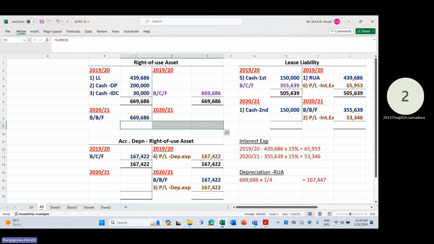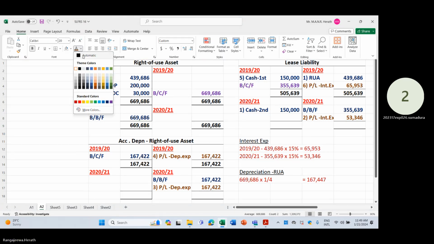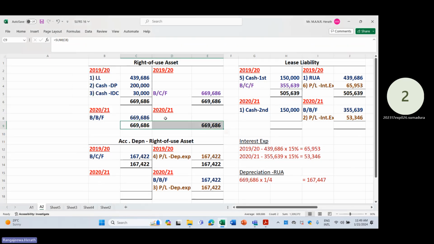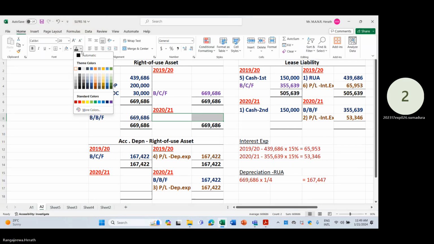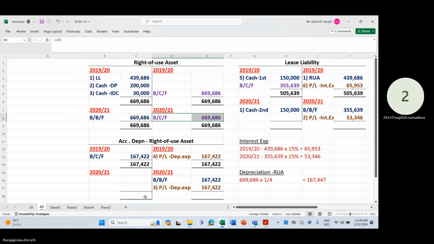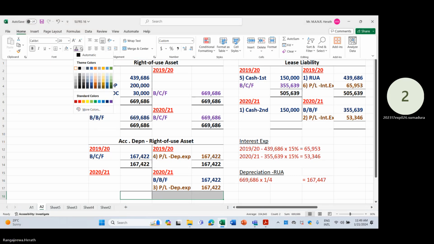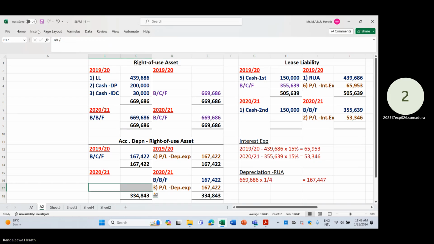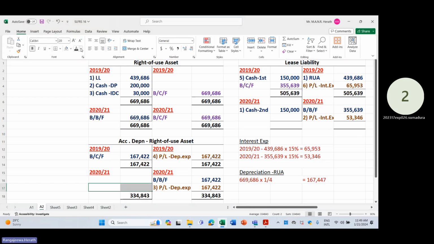So asset account, we can carry forward the same balance, $669,000. Now accumulated depreciation account, we can carry it forward, 334,000.